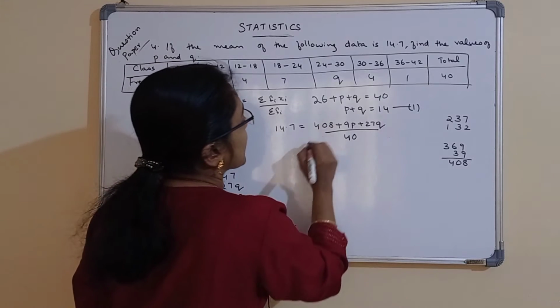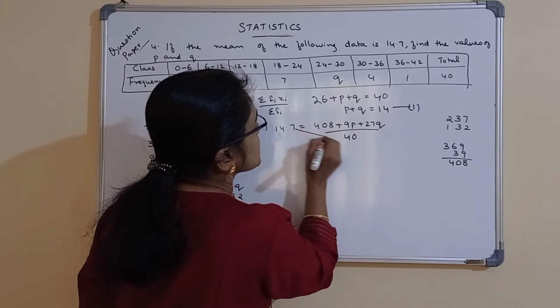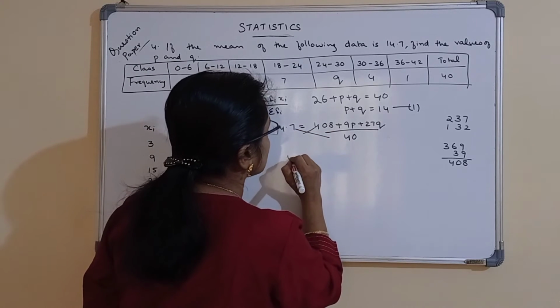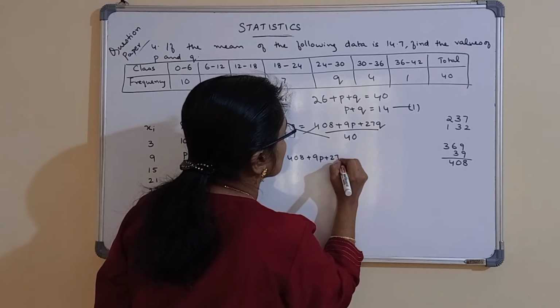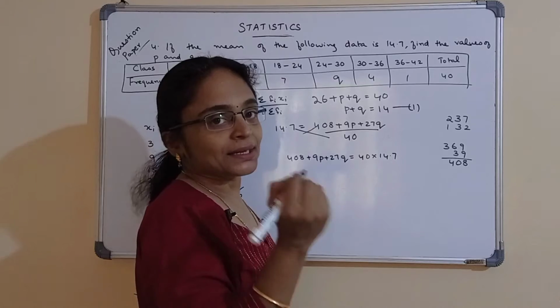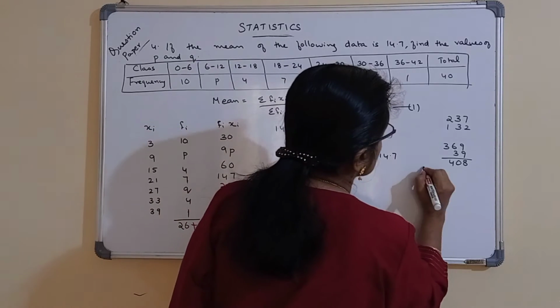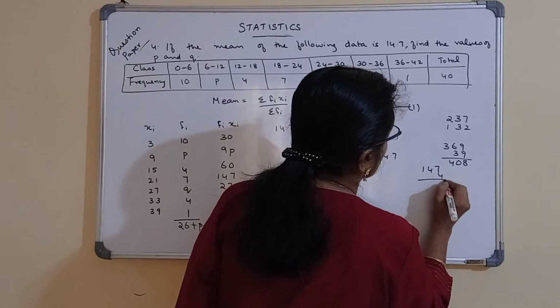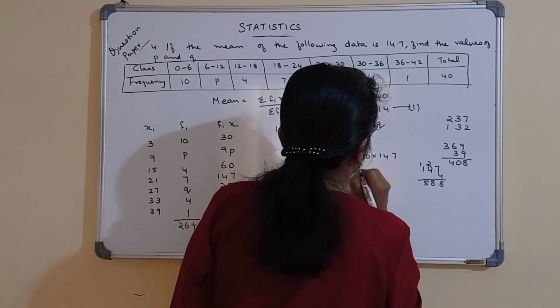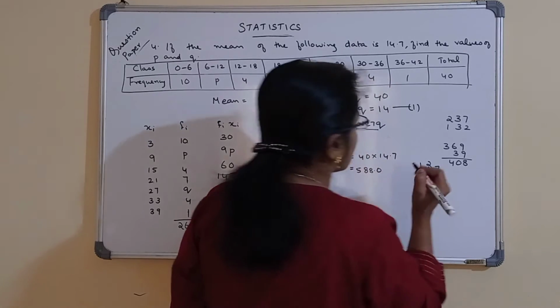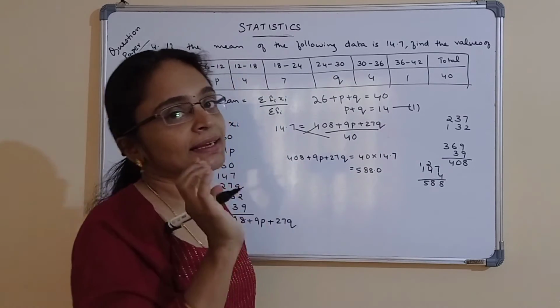Now we can calculate from this. Just cross multiply and we will get 408 plus 9p plus 27q is equal to 40 into 14.7, which is 588.